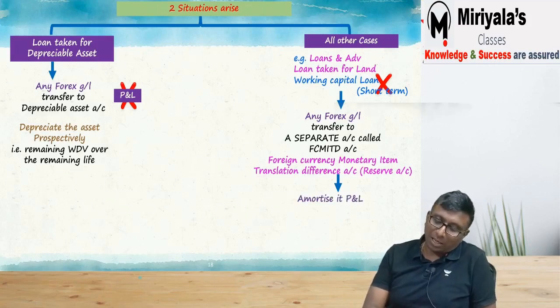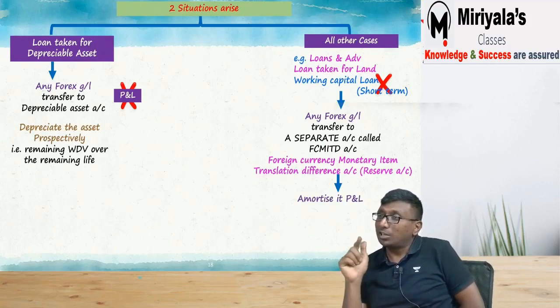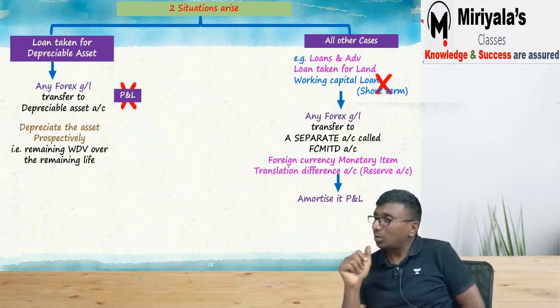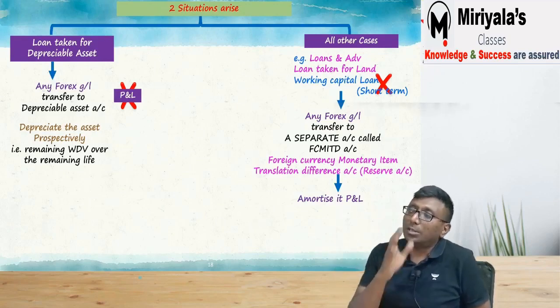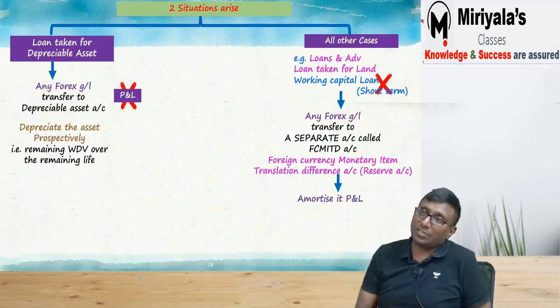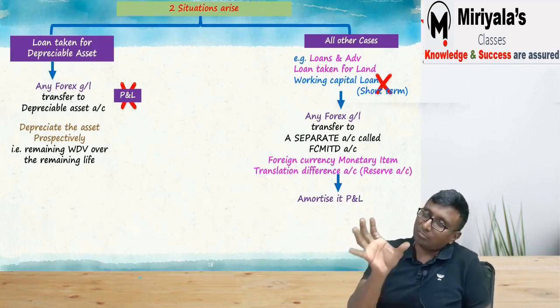Okay, right. Amortize it to P&L. How long, sir? How long means, first, the difference is coming because of what? Sir, investment in debentures. From the date of purchase of the debenture, what is the time? How much time have you got? A debenture will have some time, 2 years, 3 years, 4 years. Amortize over that time. Sir, I purchased the debenture today, still 3 years of life is there. After 3 years they will pay me back. That long is the period.